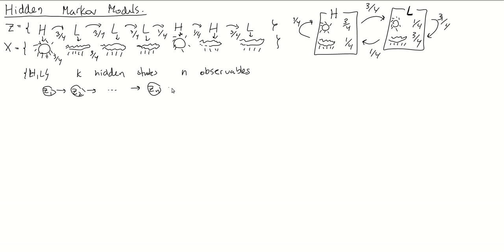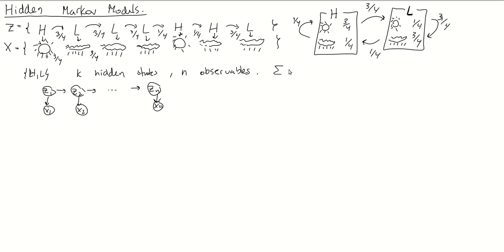And then the nth hidden state could emit some symbol, x1, x2, all the way up to xn. In the general case, instead of just having sunshine and rain, we might have an entire alphabet of different things we could emit.